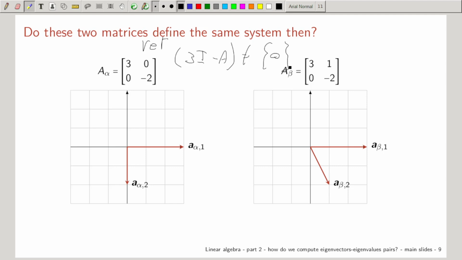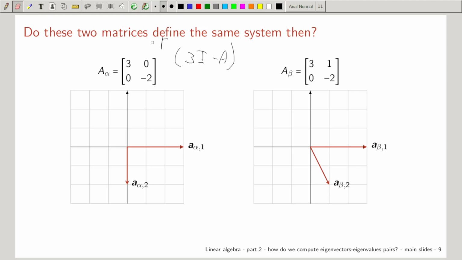Are we together on the definition of eigenvalue? An eigenvalue is something for which the kernel of the modified matrix is non-trivial. What does it mean? Once I verify that this is true, I need to find v that belongs to this kernel. True? Let's compute it. Are we together on this? People?